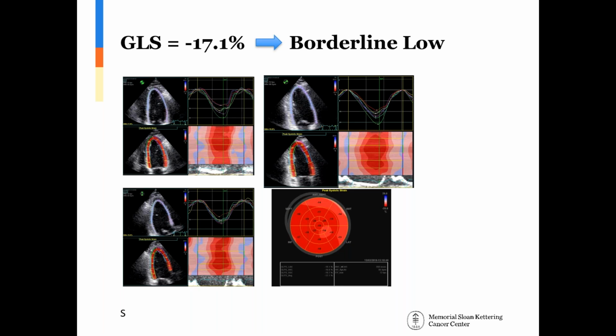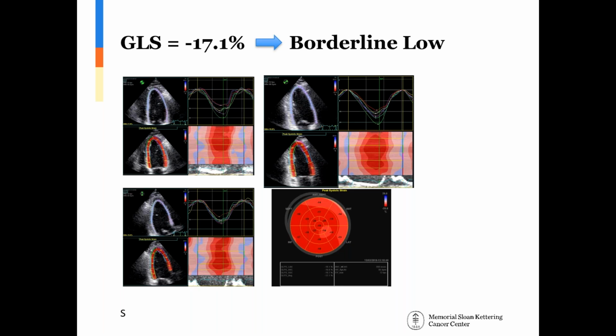Yeah, that's a very valid point, especially as we are advocating the use of strain imaging routinely in clinical practice. So what I would say is that we identify upfront which patients should have global longitudinal strain, and we do train our sonographers to follow a certain protocol.